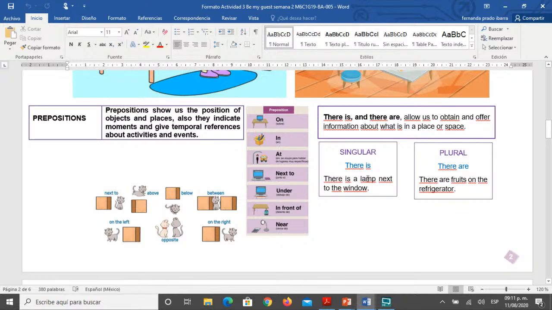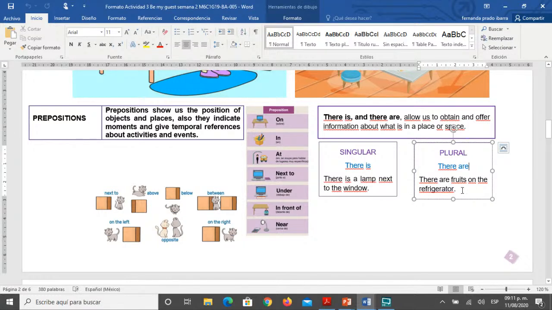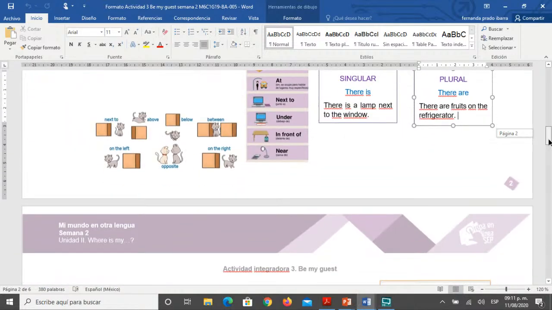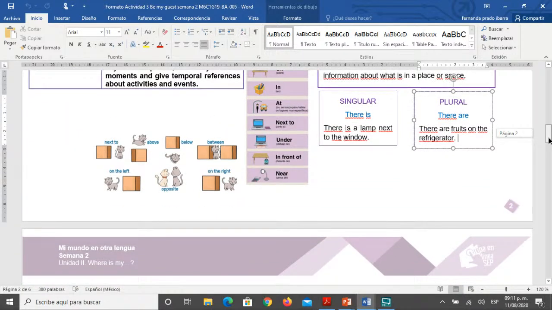So for singular, because it's only one lamp, okay? And we use there are in plural for many things. Like an example, there are fruits on the refrigerator, okay? So fruits, plural, we use there are. So please notice this chart that I explained to you in order to start our activity.